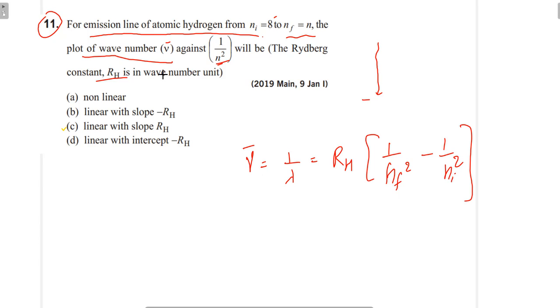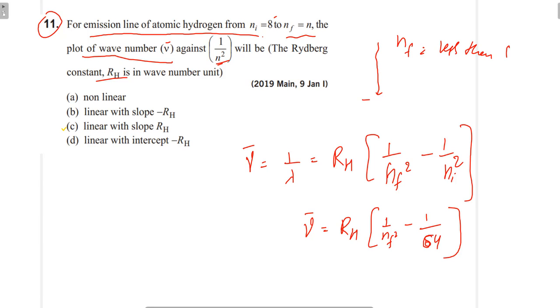This is the graph. So from the emission line of atomic hydrogen, n initial is 8, n final can be anything. Then the graph is the plot of wave number nu bar versus this one: nu bar equal to RH times 1 by n final square minus 1 by 8 square, that means 64. Okay, for an emission line, n final will be less than 8.